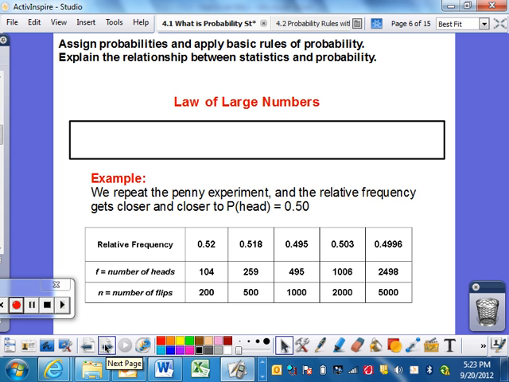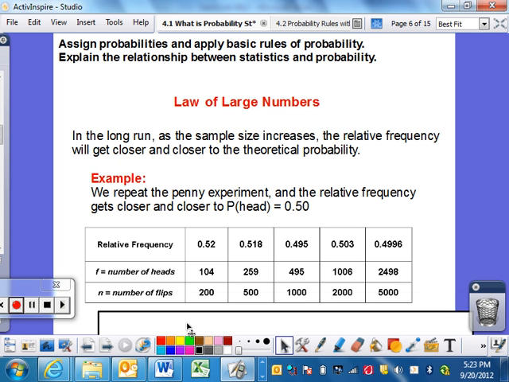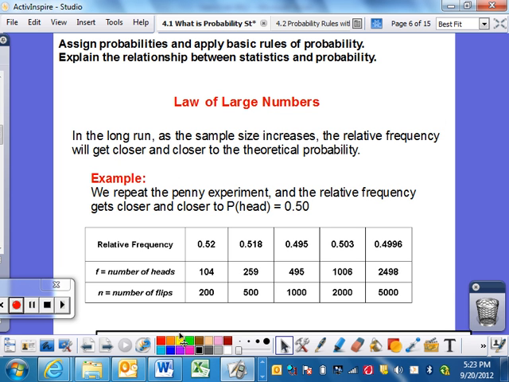The law of large numbers. This is going to come up a little bit more often as we progress through this semester. In the long run, as sample sizes increase, so the more times you try something, the relative frequency will get closer and closer to the theoretical probability. So you might flip a coin 4 times and get 4 heads in a row. That's quite rare.